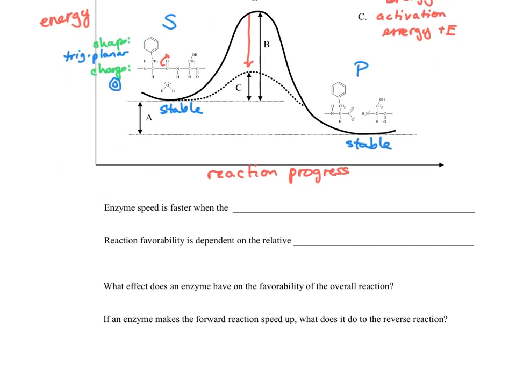Okay, let's go down to the bottom here and summarize what we say here. Enzyme speed is faster when the activation energy is lower. The second thing we can say is that reaction favorability, that is, whether this reaction is going to want to move forward or backwards, is dependent on the relative energies of substrate and product.